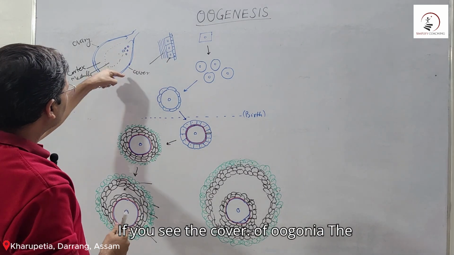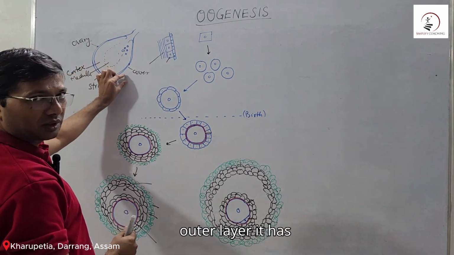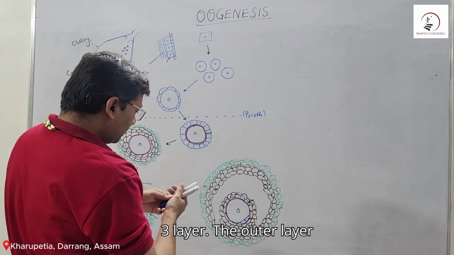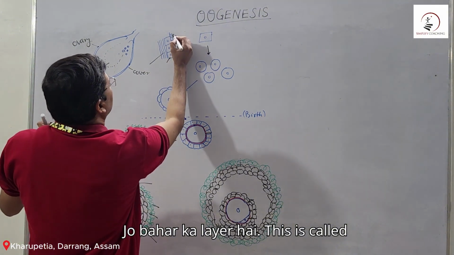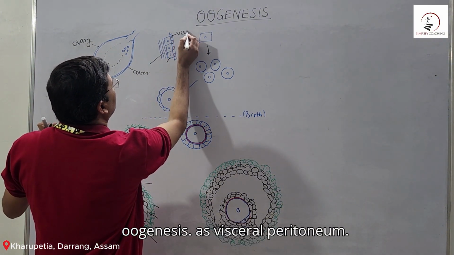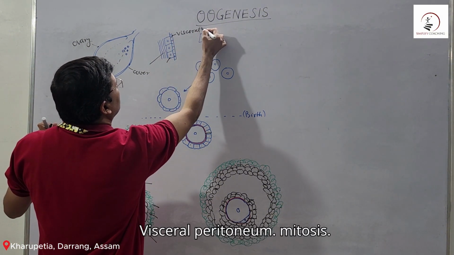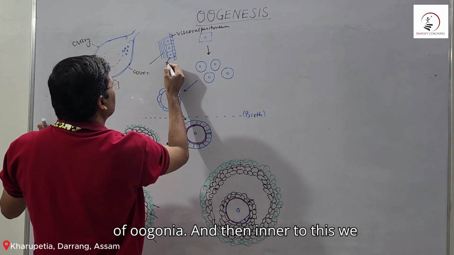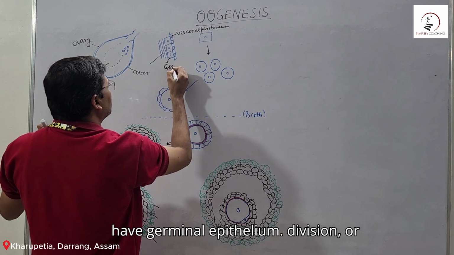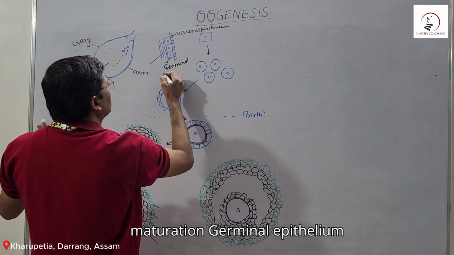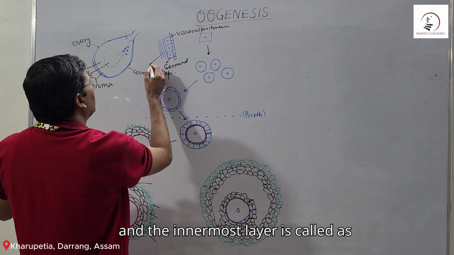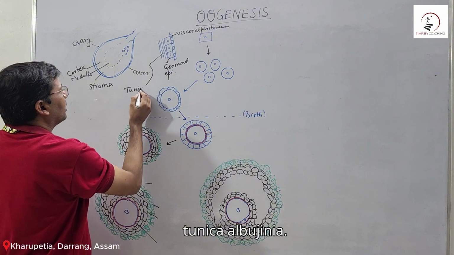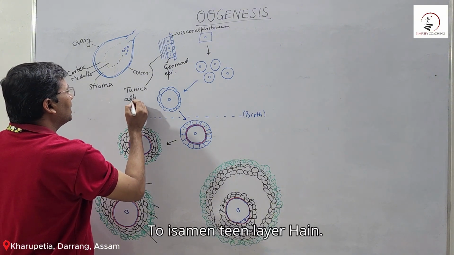If you see the cover, the outer layer, it has three layers. The outer layer, जो बाहर का layer है, is called the visceral peritoneum. Inner to this we have the germinal epithelium, and the innermost layer is called the tunica albuginea. तो इसमें तीन लेयर हैं.